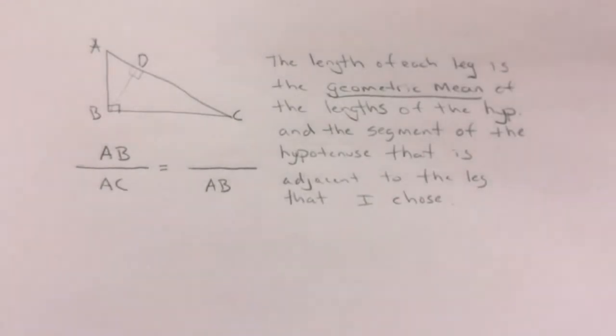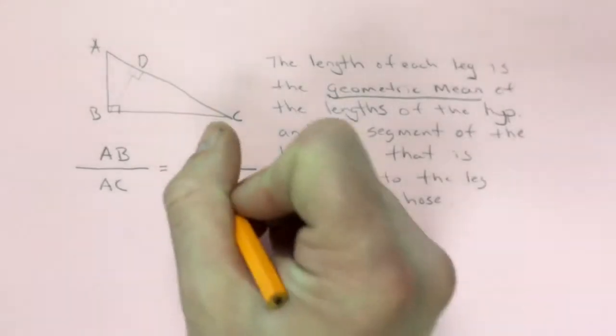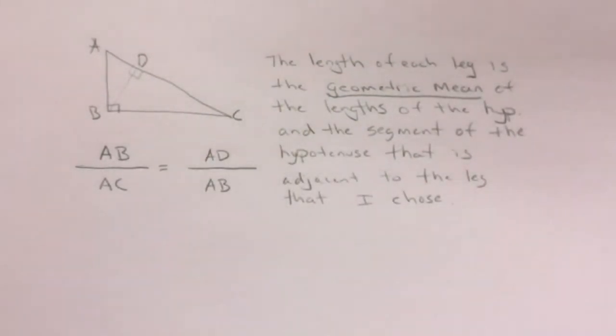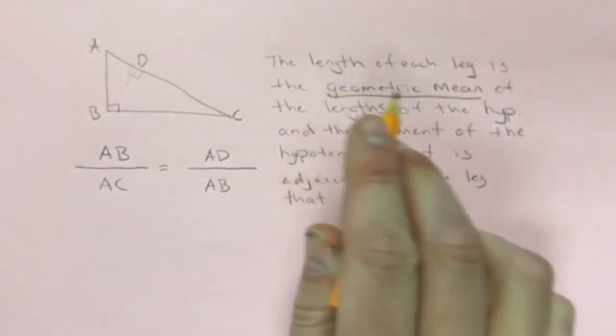Now this is where it gets a little wordy. And the segment of the hypotenuse that is adjacent to the leg that I chose. So I chose leg AB. So the part of the hypotenuse that is next to AB is AD.